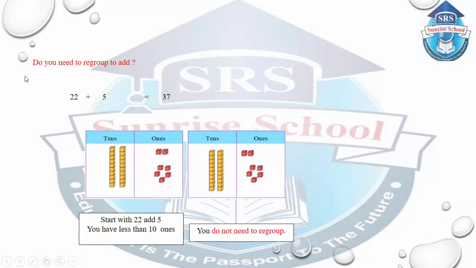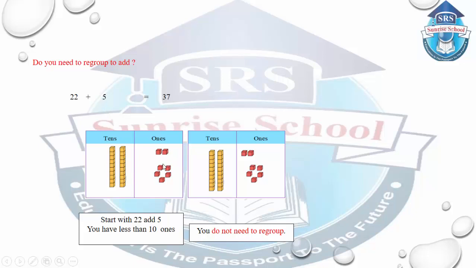Let's take another example: 22 plus 5. 22 is 2 tens with 2 ones. Plus 5, 5 ones. There are no tens here.